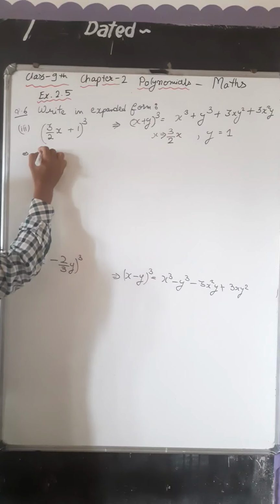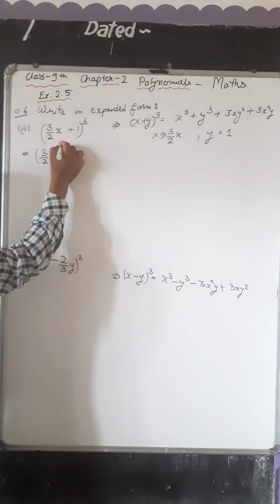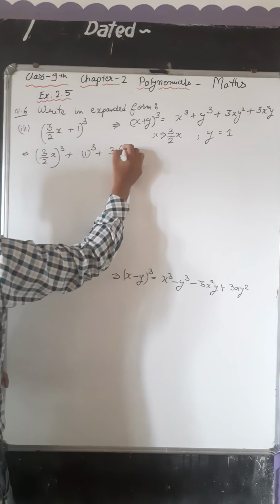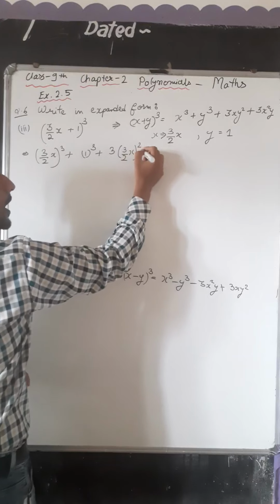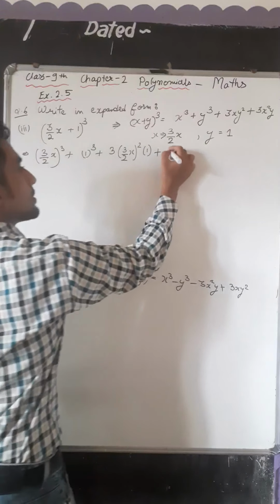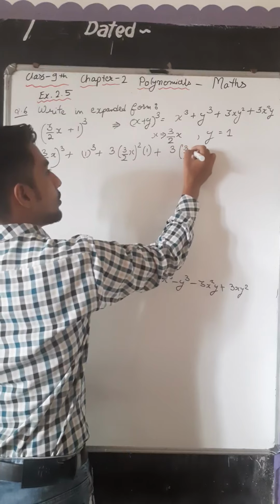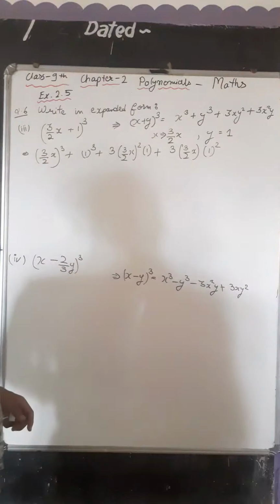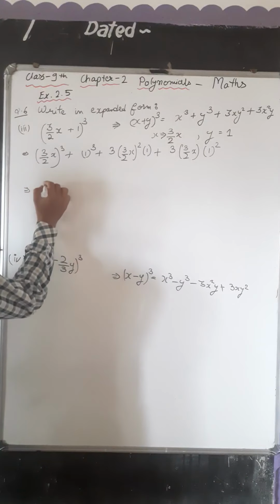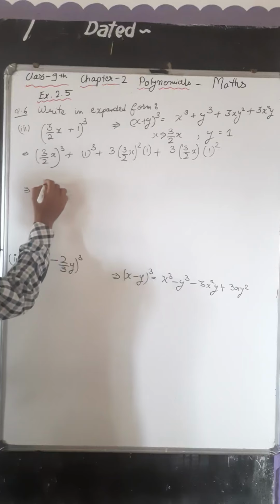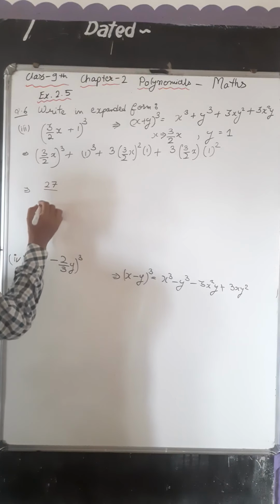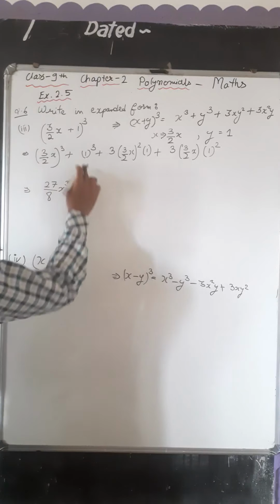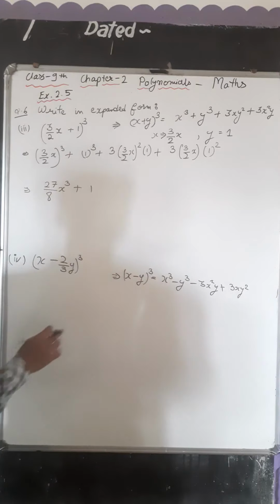Put (3 by 2 x) whole cube plus 1 cube plus 3 into (3 by 2 x) square into 1 plus 3 into 3 by 2 x into 1. Solve this. Cube of 3 is 27, cube of 2 is 8, plus 1 cube is 1 only.